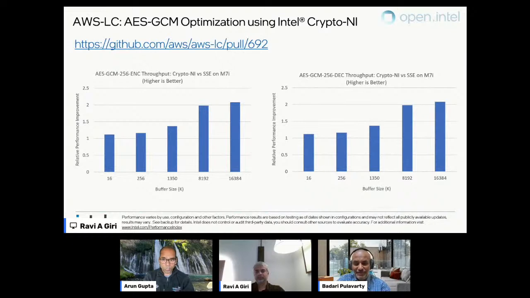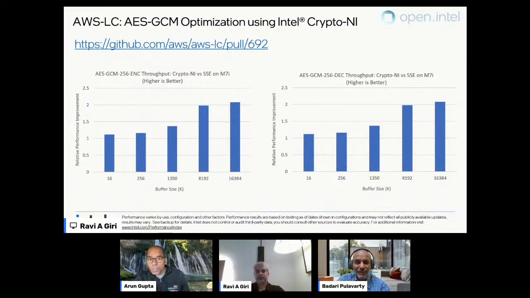AES basically means Advanced Encryption Standard, and GCM is Galois Counter Mode. This is one of the most commonly used algorithms for authentication as well as encryption. And like Ravi mentioned, pretty much all services use this.